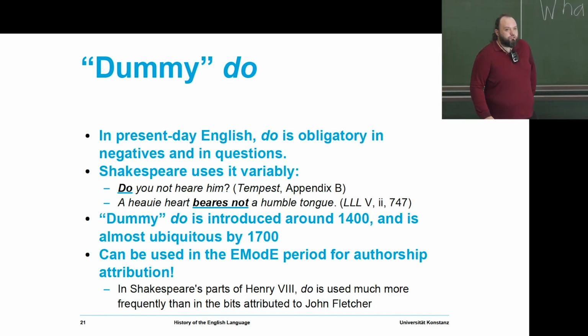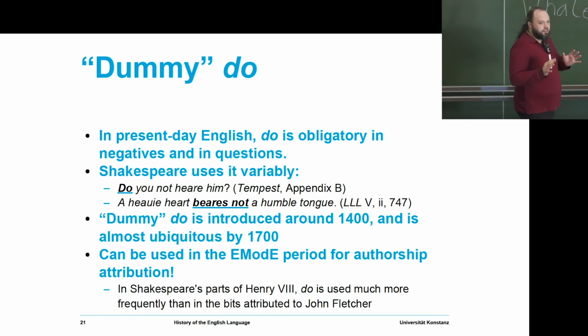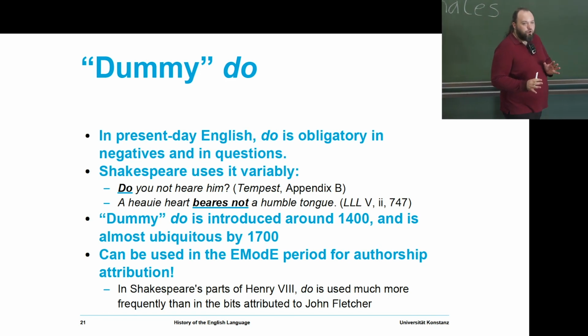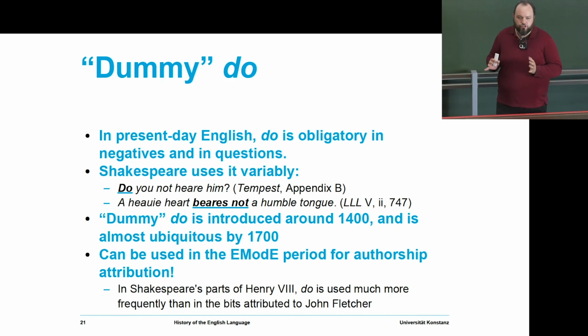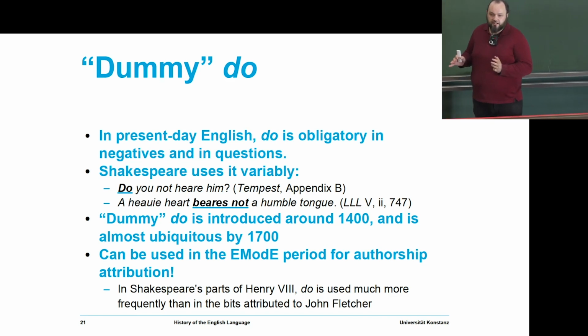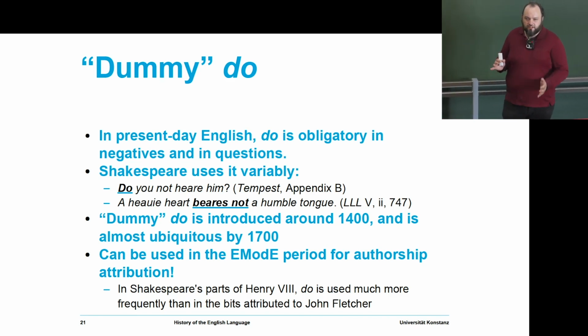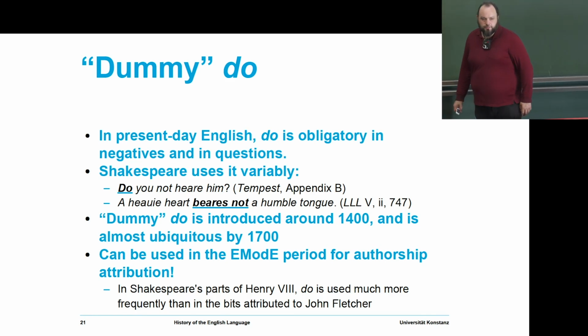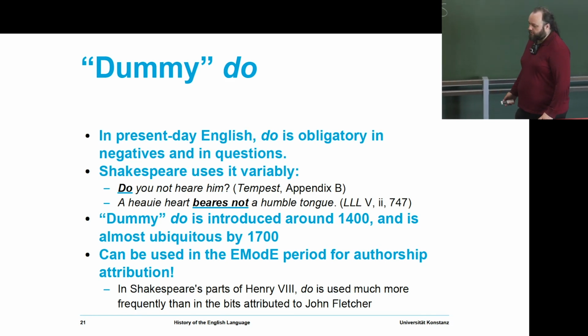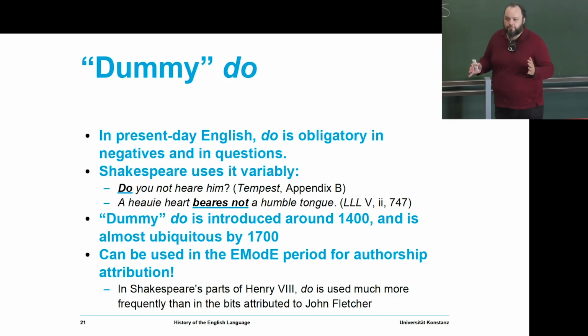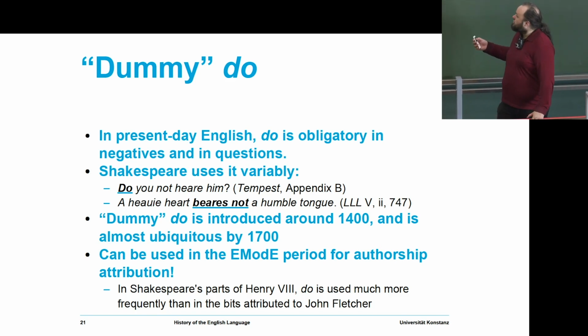What's interesting about do is that you can actually use it to figure certain things out. An author who uses more do or less do in the early modern period, this is something that you can use for interesting purposes. For instance, authorship attribution. There's a whole huge literature on who wrote Shakespeare's plays and which of them Shakespeare actually wrote, if indeed he wrote any of them at all. And one of the things you can do is look at the frequency of the verb do.